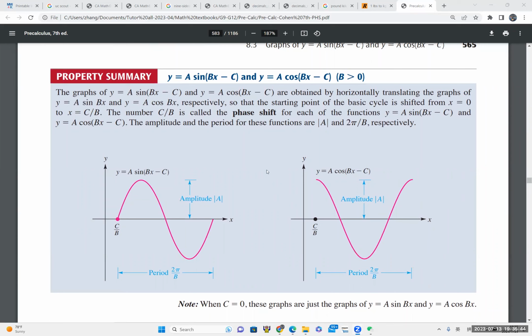Please read through this highlighted one. x equal to c over b. So they mention c over b causes a phase shift, right?